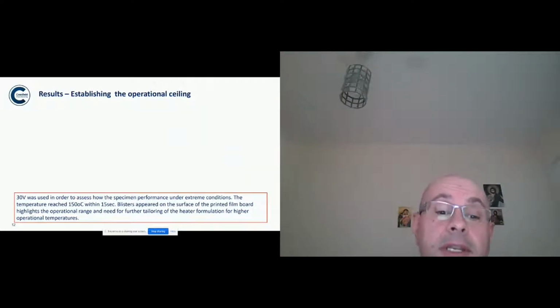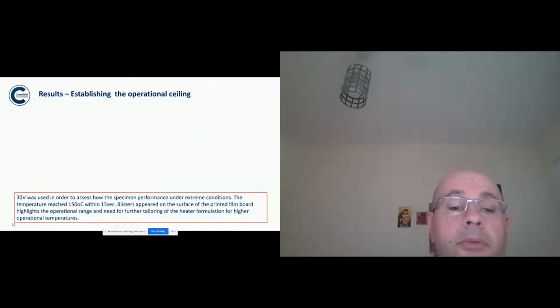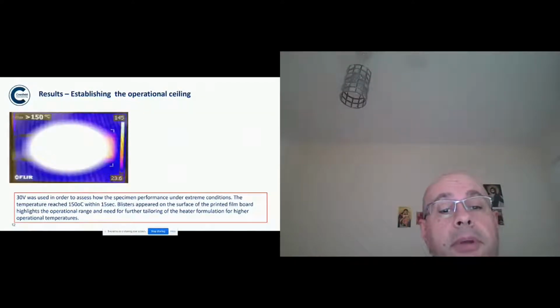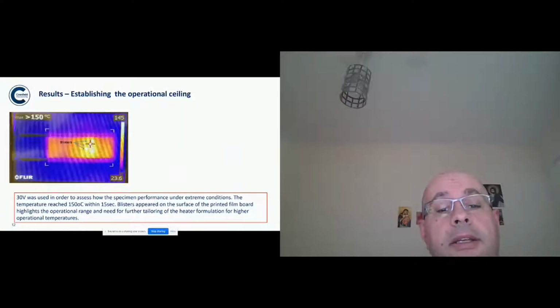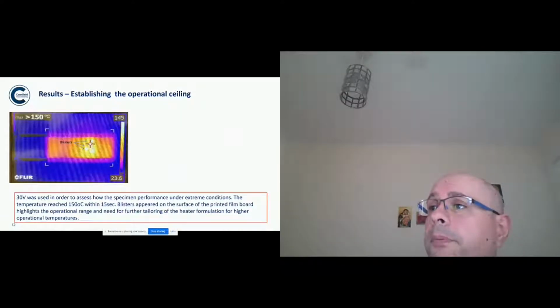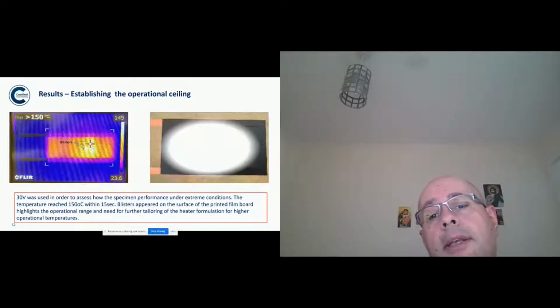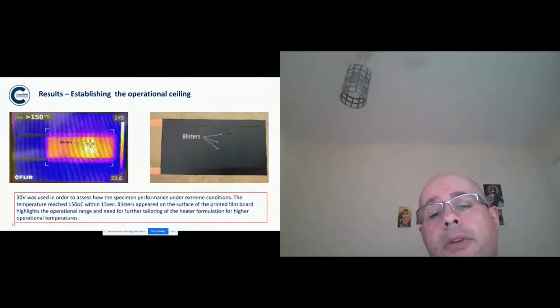The temperature reached 150 degrees Celsius within 15 seconds, and blisters started to appear on the surface of the printed film board, as attested by the infrared record here, and that's the actual physical sample. So we've established that at 30 volts, in this particular formulation, we can have degradation of the heater pretty quickly.